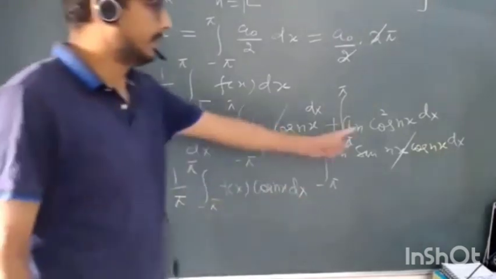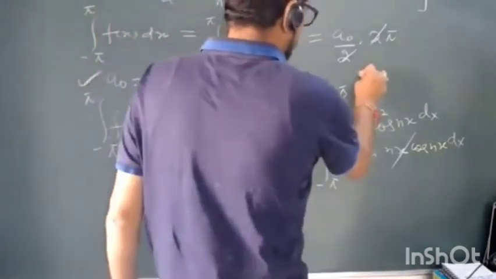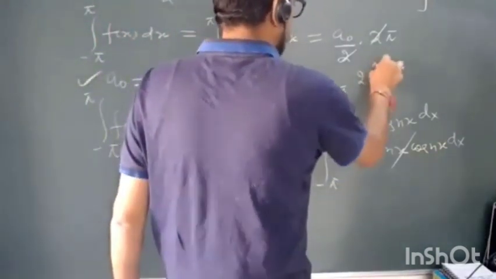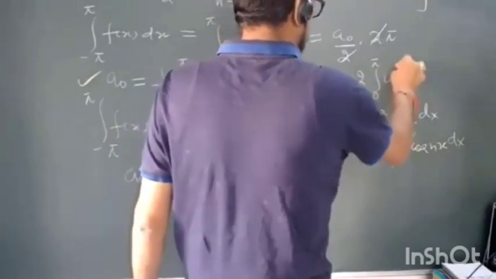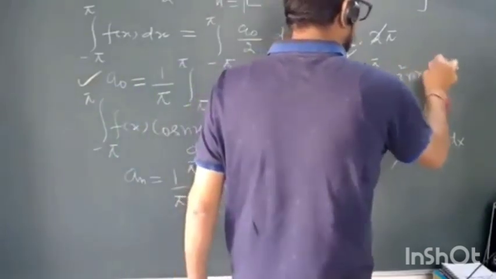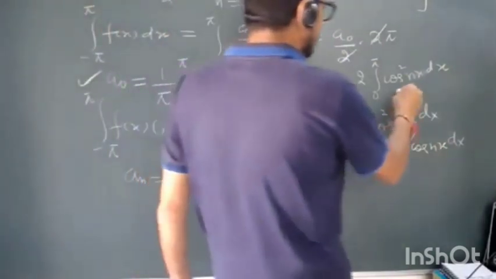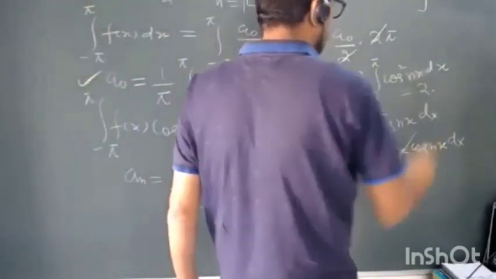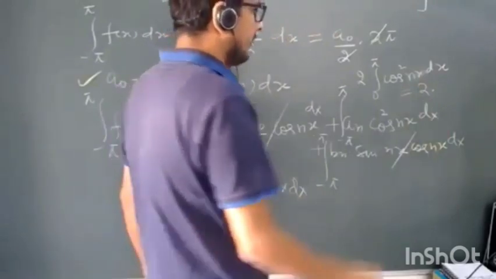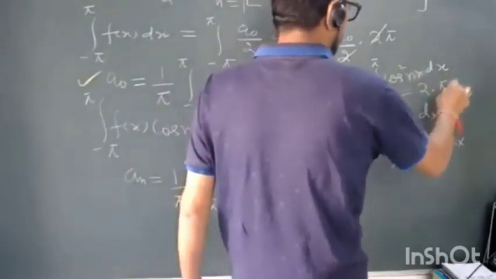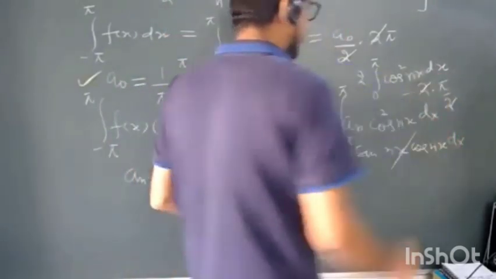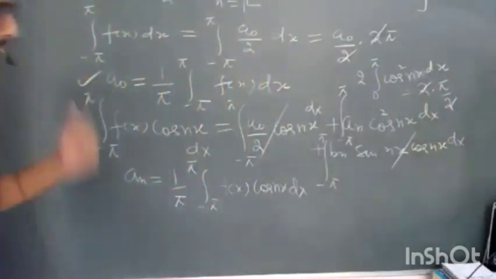Let us see what will happen to this. This I can write 2 times 0 to pi cos square nx dx, and this will just become 2 times upper limit by 2. So this will cancel. So it will become pi.